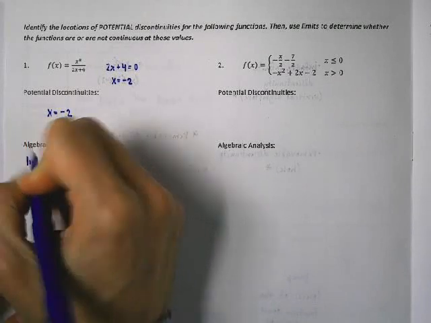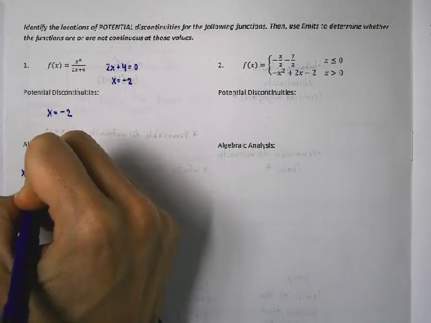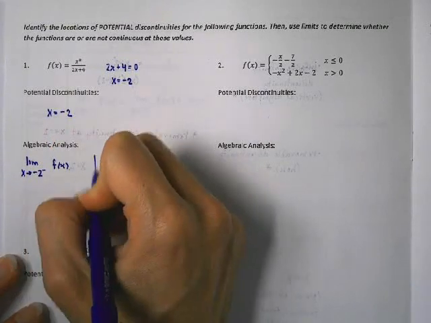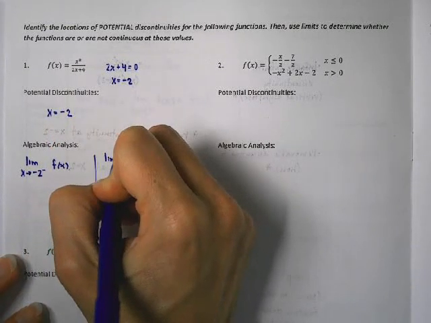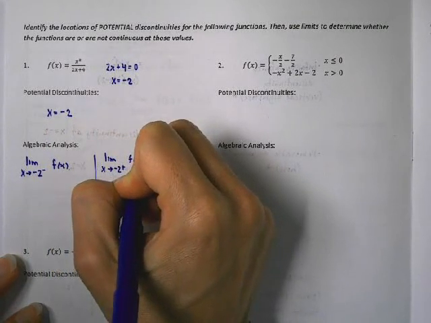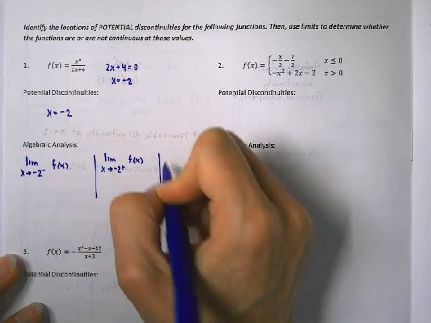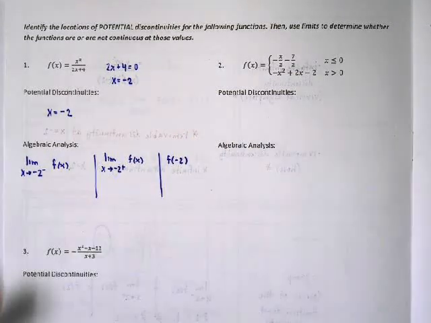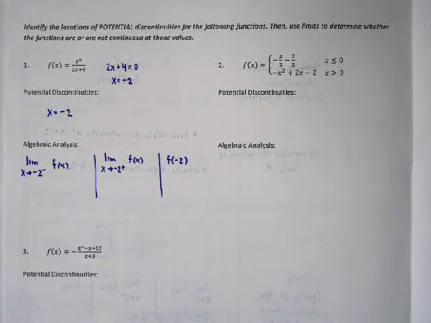So if I'm checking for continuity, I need to check the limit as x approaches negative 2 from the left. I need to check the limit as x approaches negative 2 from the right. And I need to check f of negative 2. So let's see how we would do this.